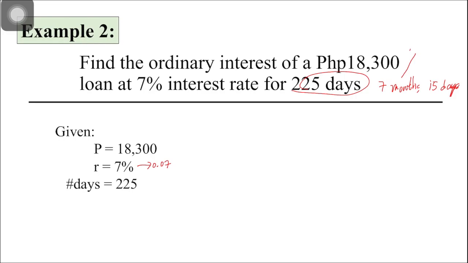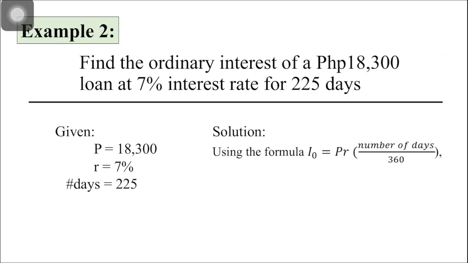So, 7 times 30, that's 210. Plus 15, that's 225 days. So, whatever the given, you have to convert or express that time into the number of days. So, it should be in days, not in months or in years. Okay?